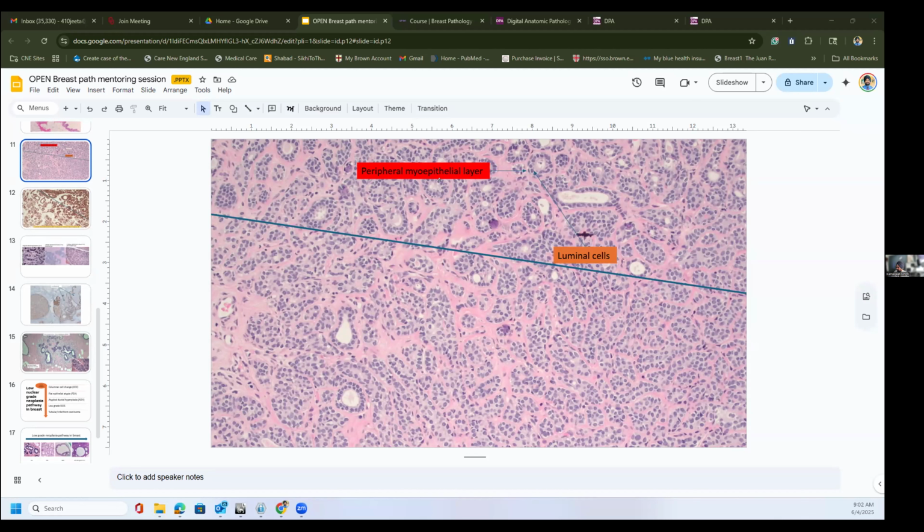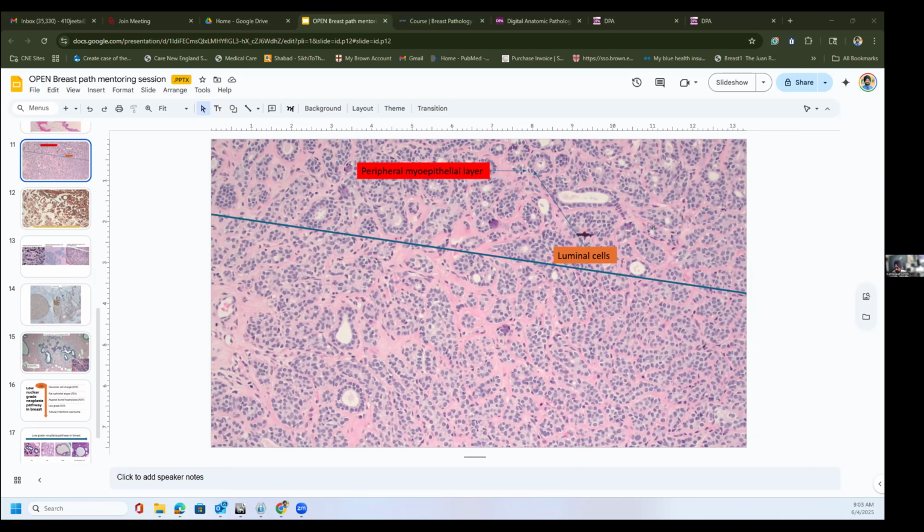So the top part looks different from the bottom part. So there's a proliferation, there's an increase in number of cells. Let's take baby steps. And these cells are making round structures. And when you have an increase in gland forming structures in breast, you call it adenosis.